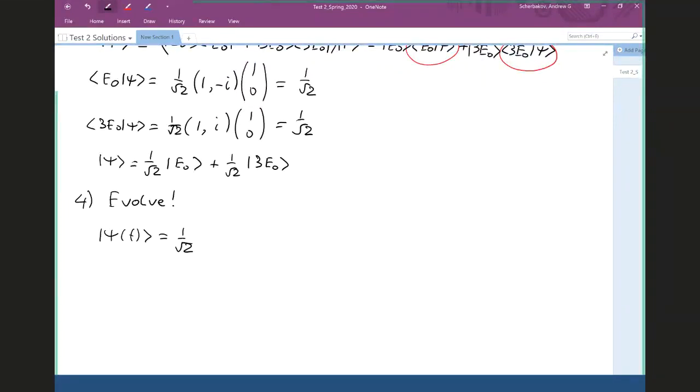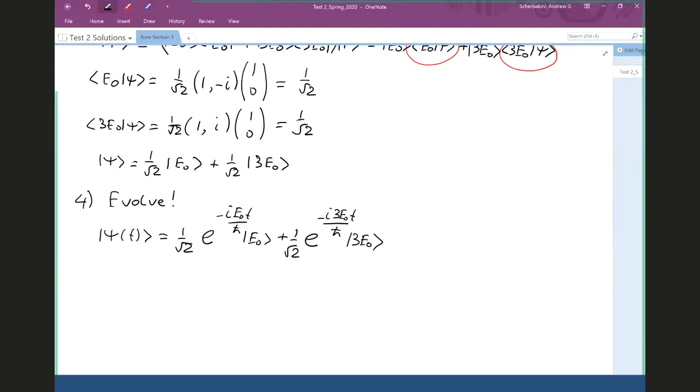So a state E naught would acquire the overall phase, which is e to the negative i E naught t over h bar. And the state 3 E naught would get overall phase of e to the negative i 3 E naught t over h bar. Here you go. That's it.